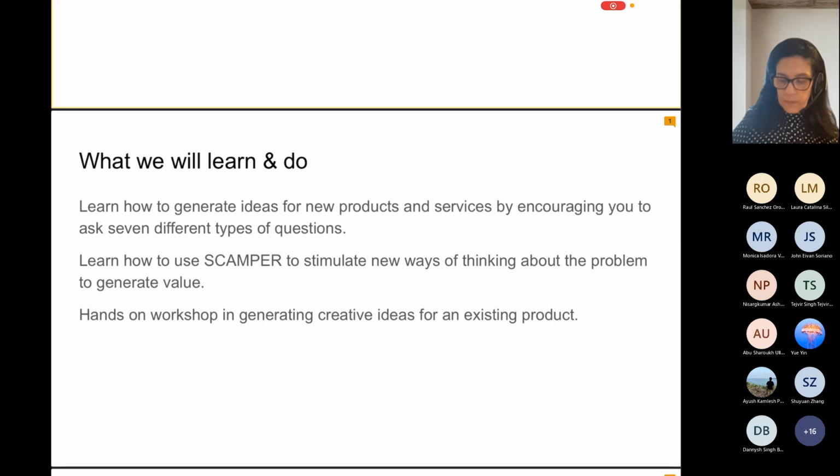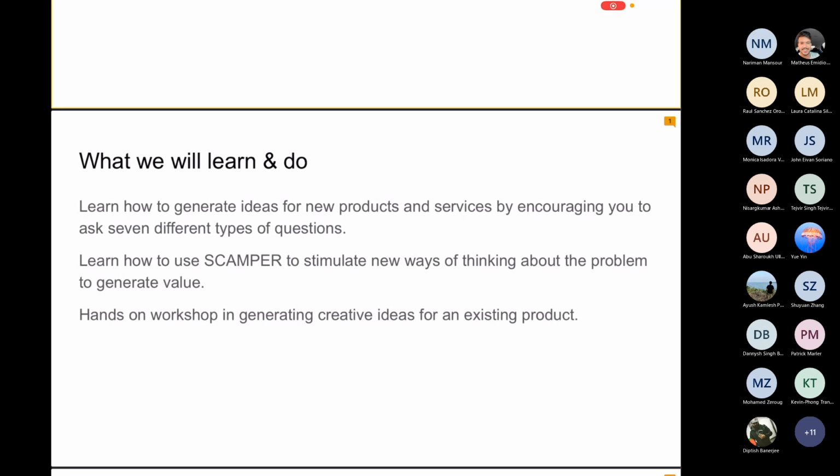Usually, when we go into brainstorming sessions, sometimes it's difficult for us to come up with new ideas. We are stuck in our ways of thinking, and this is why they say sometimes we need to think out of the box. This method was introduced in the 70s, and it's been going on for so many years.